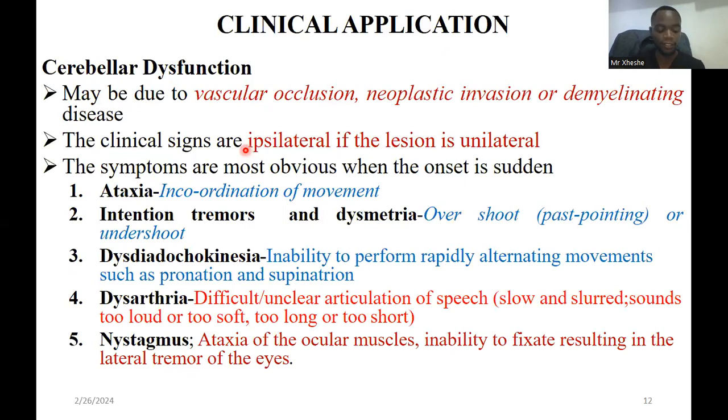Now, what happens when there is damage or dysfunction in the cerebellum? Okay, so there are so many disorders that we see when the cerebellum is affected, right? One of them will arise from the following: vascular occlusion. So blood supply to the cerebellum is essential because those cells there are nerve cells and they need constant supply of nutrients, gases, and other things.